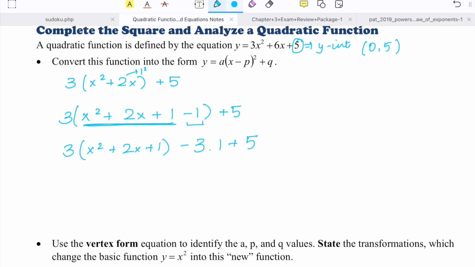You can also do plus 3 times minus 1. Either way, you'll get the same answer, okay? So what factors will I have? 3 times (x plus 1) squared, minus 3 plus 5. Minus 3 plus 5 is plus 2. And that's my vertex form.